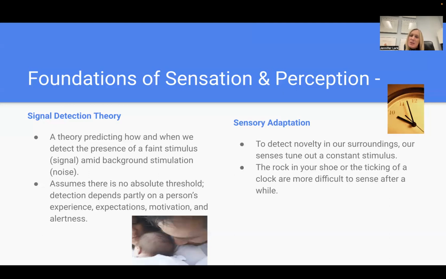So, the idea behind sensory adaptation is that even though there's a constant amount of stimulus in our environment in some way, sending the exact same message to the brain over time, eventually our brain is going to tune that out and stop focusing on it whatsoever. So the perception feels like it becomes smaller or goes away altogether, even though the stimulus is still there.